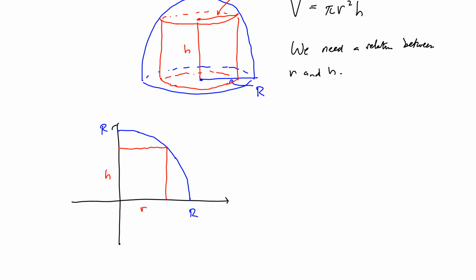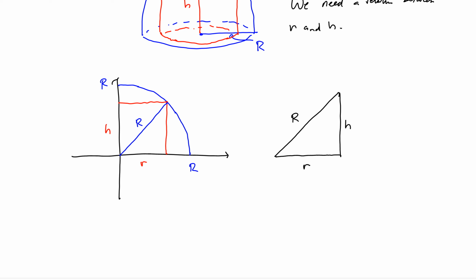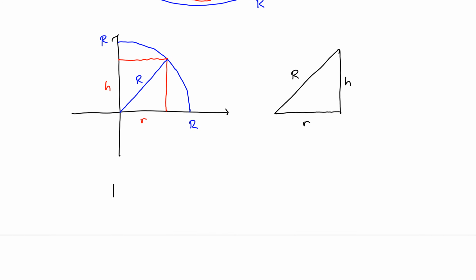And the trick here is that if I draw this line straight out like this, it is still radius R. So we get a triangle here where this is R, this is h, and this is little r. So that tells me then that big R squared is little r squared plus h squared.